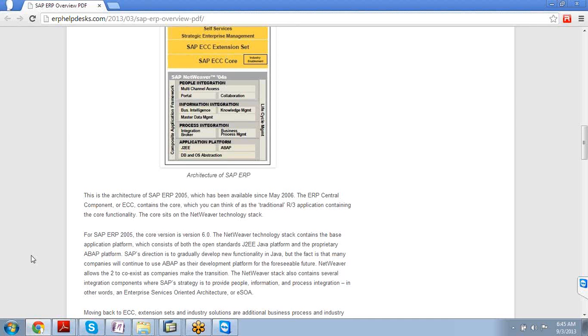People integration. Write an arrow mark and write it as: it uses Netweaver Portal, Enterprise Portal, EP.